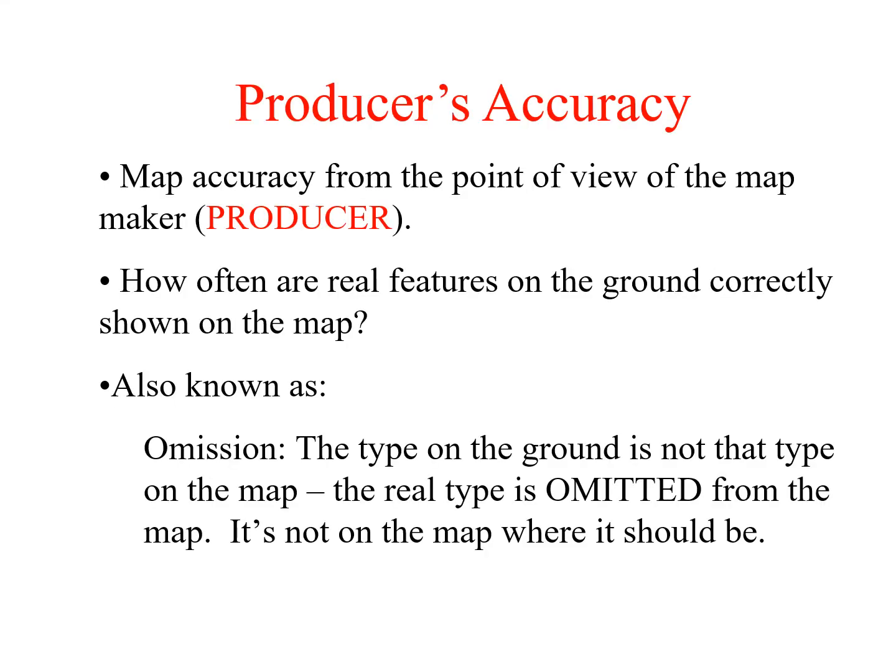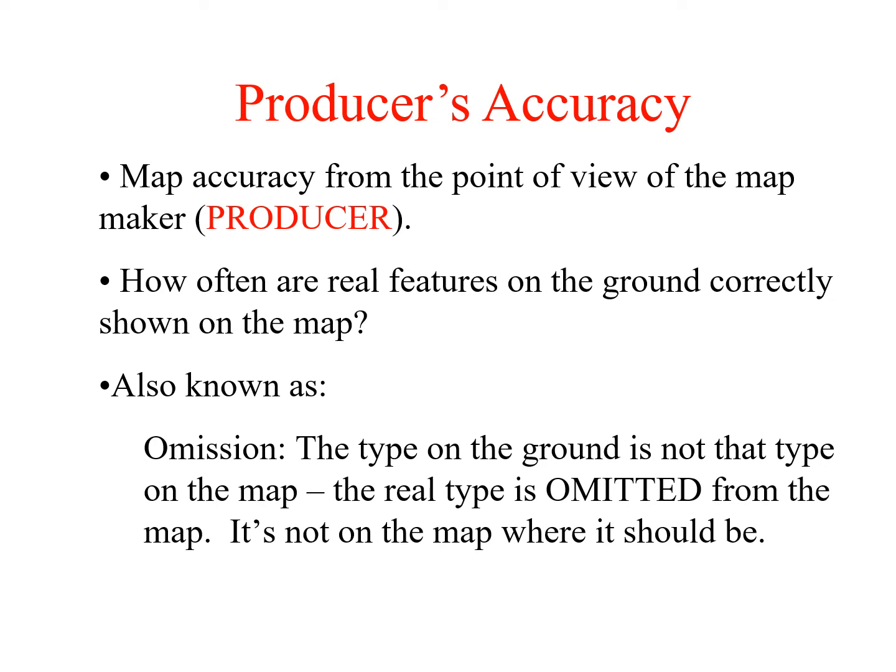We then talk about 2 kinds of accuracy. One is map accuracy from the point of view of the map maker, the producer. And that's answering the question, how often are real features on the ground correctly shown on the map?